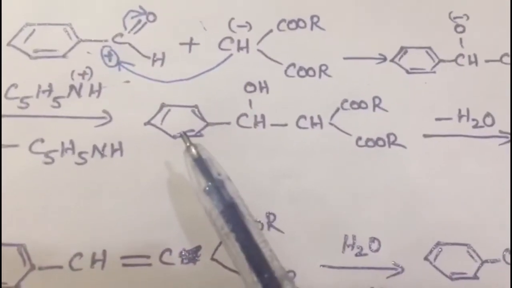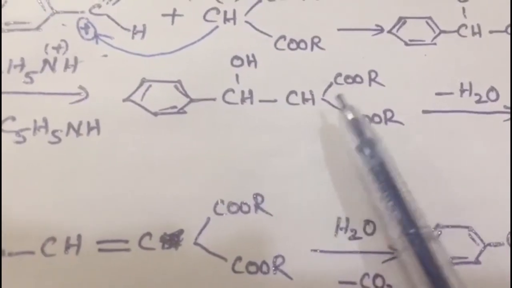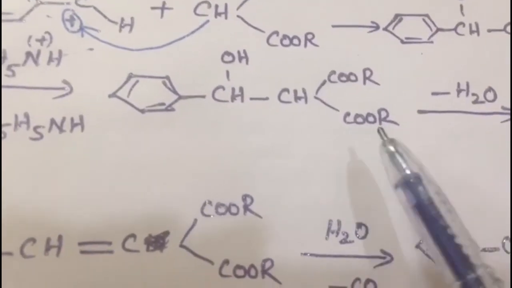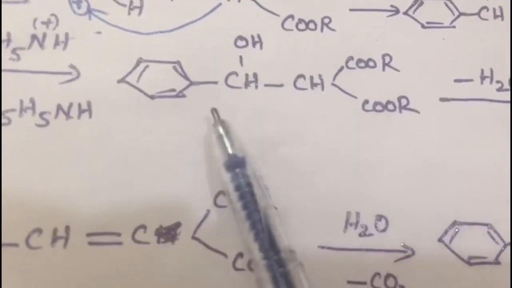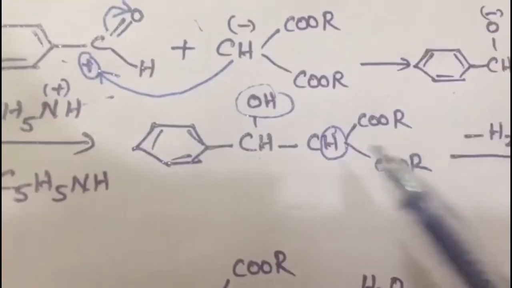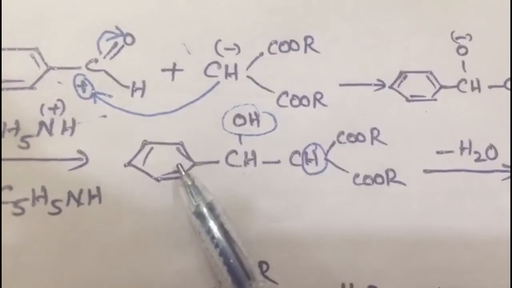So the compound will be C6H5CHOH CH(COOR)2. In the next step is removal of water, or dehydration. Removal of water from this compound, OH and H will be removed as water, and the product formed will be like this.